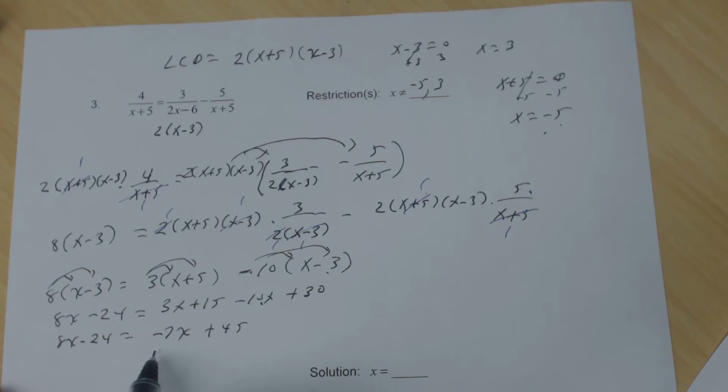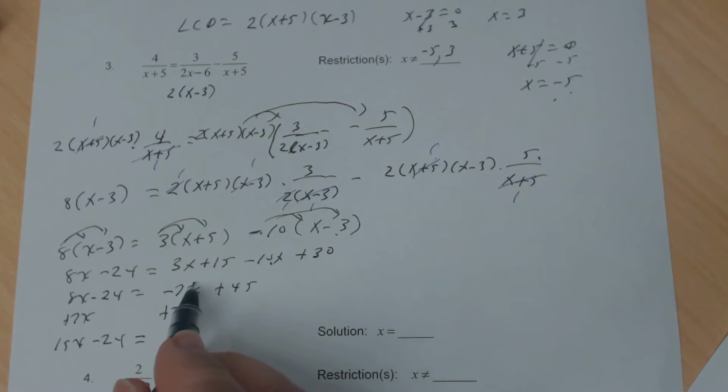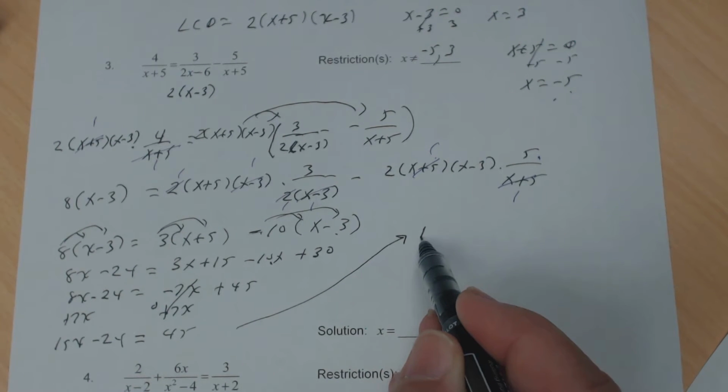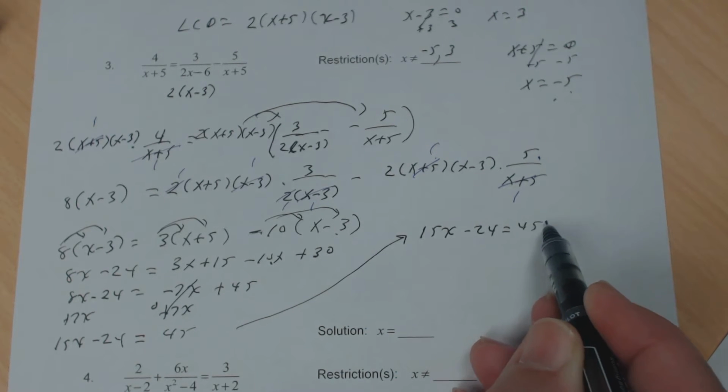Now adding 7x to both sides, I get 8x plus 7x is 15x minus 24 equal, these cancel out, that's 0, and equal to 45. Let me go ahead and rewrite this over: 15x minus 24 equal 45.